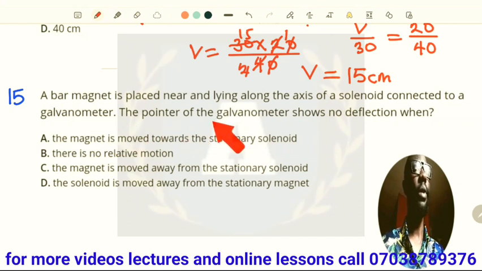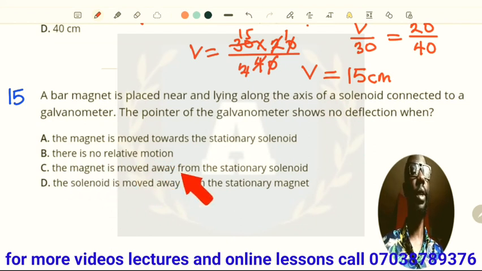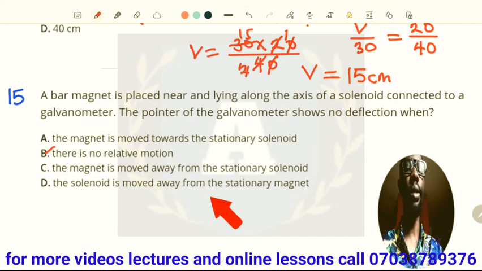The pointer of the galvanometer shows no deflection when the magnet is moved toward the stationary solenoid, or there is no relative motion, or the magnet is moving away from the stationary solenoid, or the solenoid is moving away from the stationary magnet. There will be no deflection when there is no relative motion.